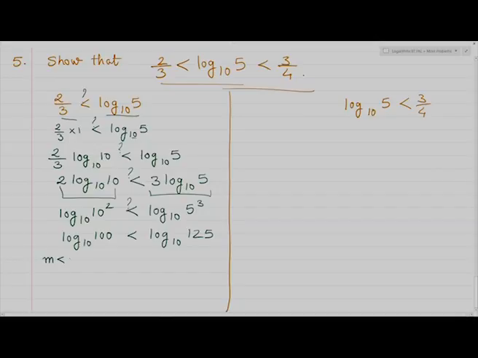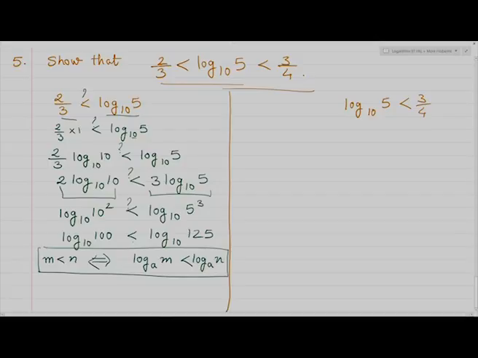If m is less than n, then what will be the relation between log to the base a of m and log to the base a of n? We have already seen that the log is a monotone function. So, this implies this relation should be true and vice versa. If log of m to the base a is less than log of n to the base a, then m must be less than n.